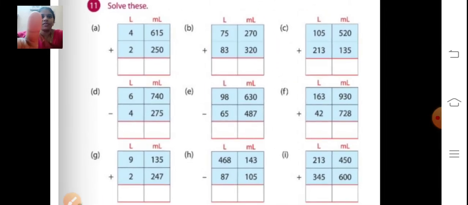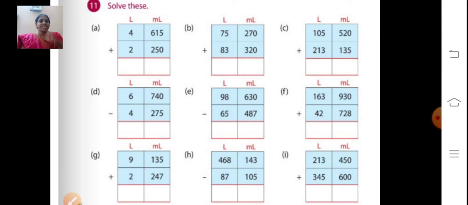Now solve addition and subtraction of liters and milliliters altogether. Same way, first we have to add milliliters, and then move on to the liters. When you go for higher classes, they will give 4 liter 650 milliliter and 2 liter 250 milliliter to add.